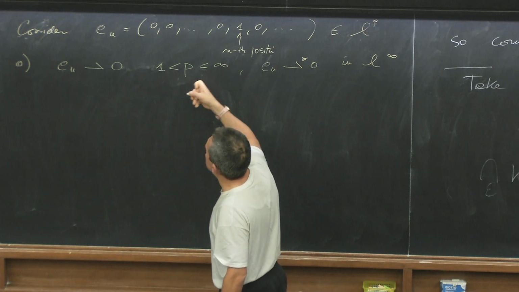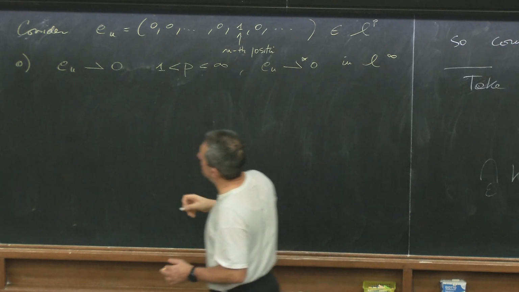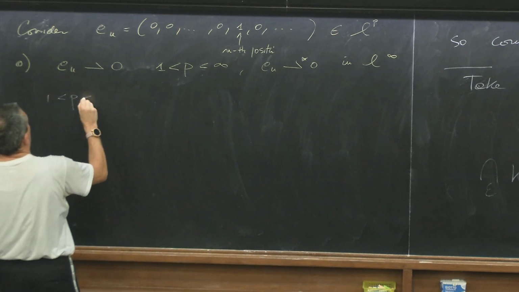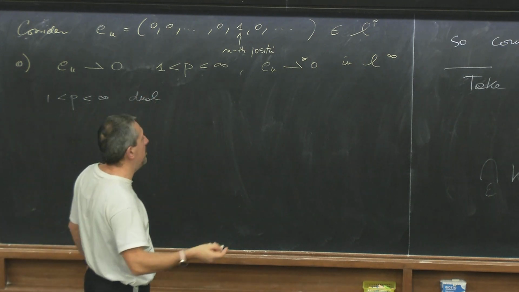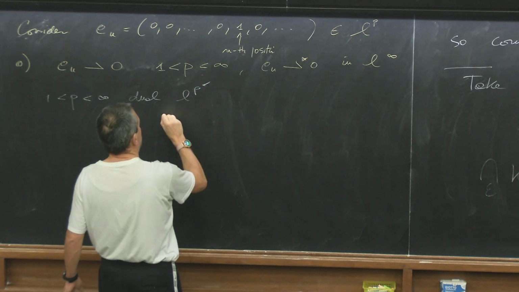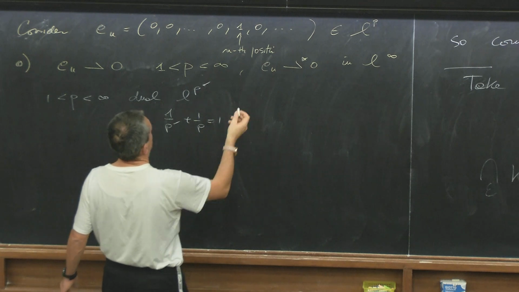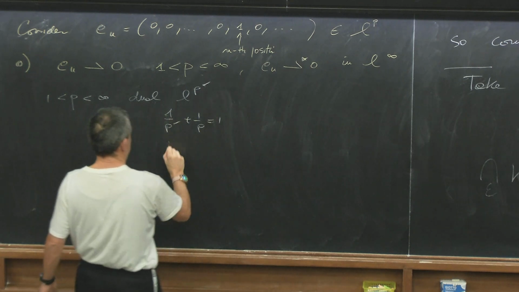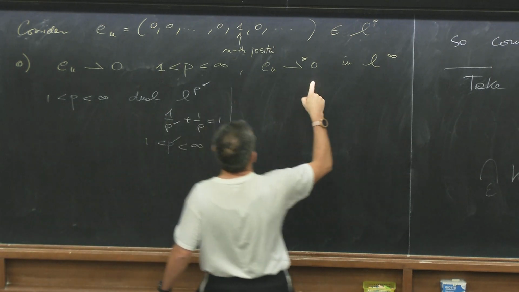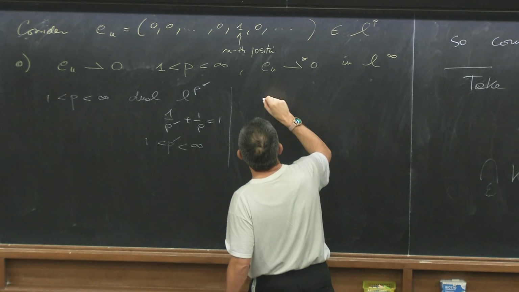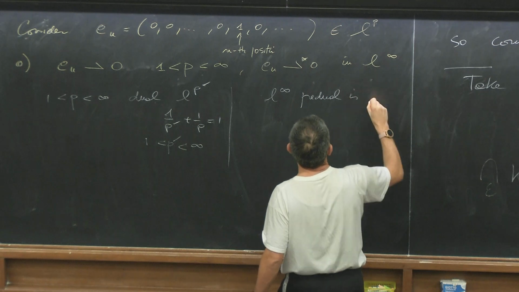Okay, so let's start. Well, what is the dual of these sets? For p in (1, infinity), the dual is, as in the whole measure space, L^p prime, where 1 over p prime plus 1 over p equals 1. And this gives that p prime is in (1, infinity). And the pre-dual of L infinity is L1.